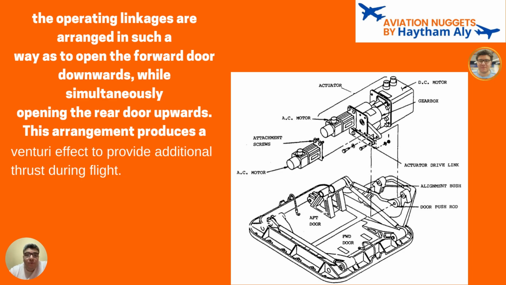And as I told you, or as you know, we do have a very high pressure inside the aircraft and very low pressure outside the aircraft. For example, in the Airbus A320, we have the cabin at 8,000 feet, and the aircraft may be flying at 35,000 feet.